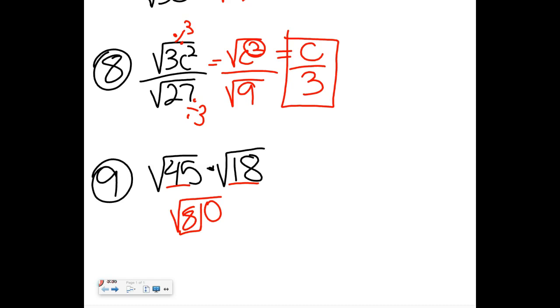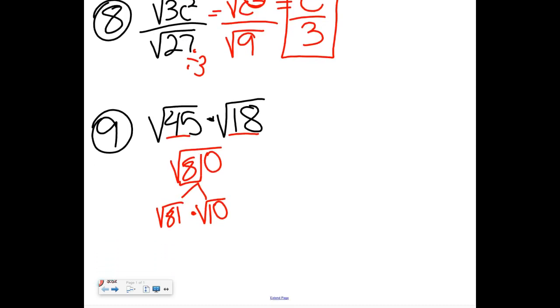So I'm going to split this into 81 times 10. We know the square root of 81 is 9. We do not know the square root of 10. So we have 9 times the square root of 10. Okay, so that is that section. I think you can do the rest of them based on the ones that I helped you with.